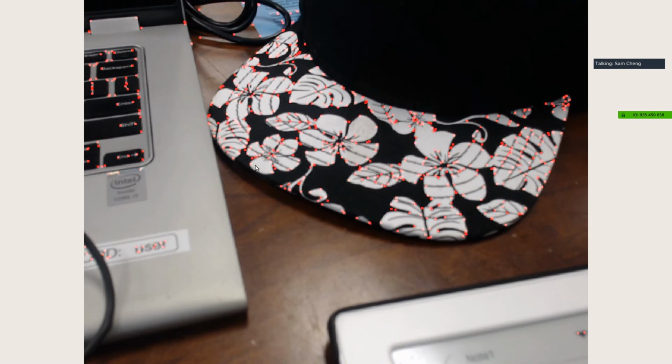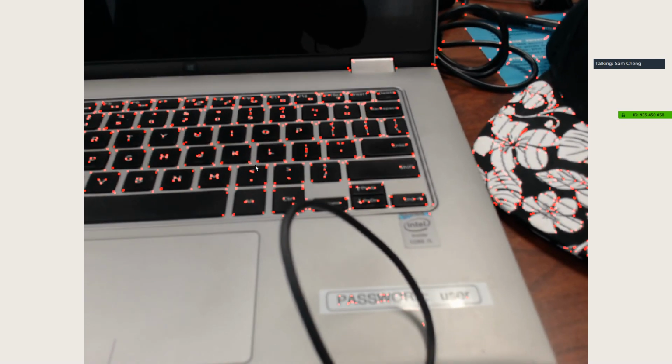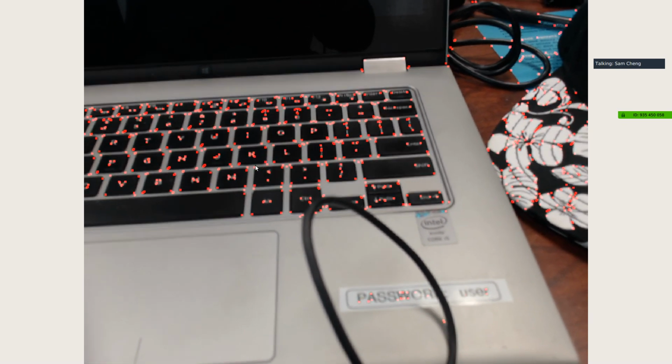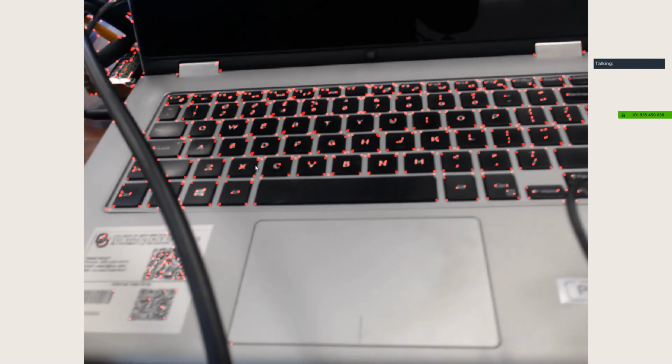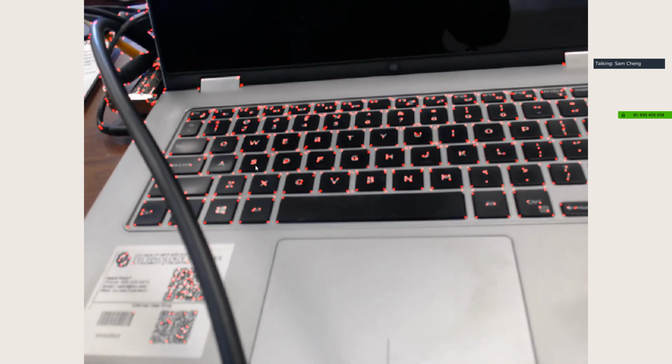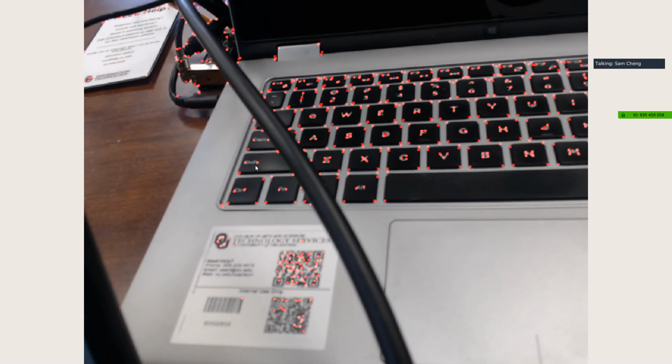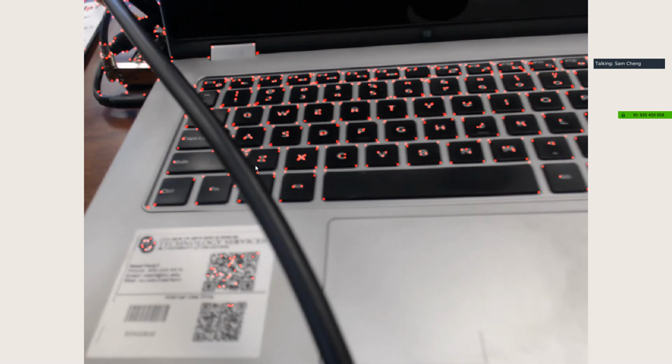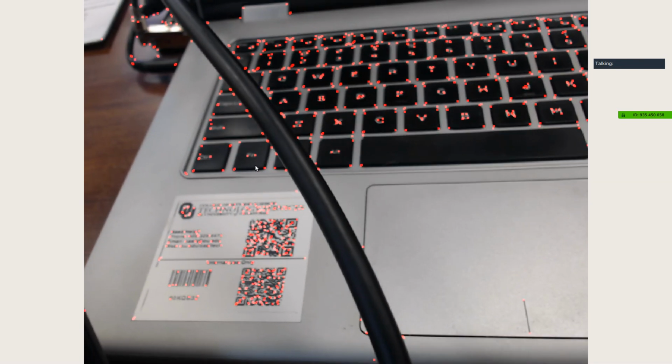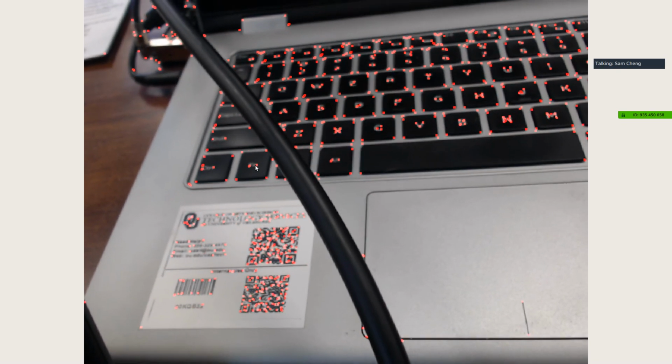This is what we have here. It's trying to do this corner detection, and this is not the OpenCV implementation. I'm using my own. You can implement that pretty easily, just as I described earlier.